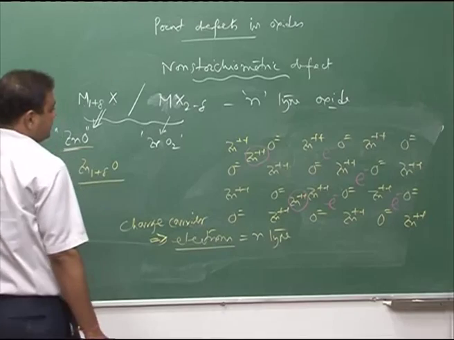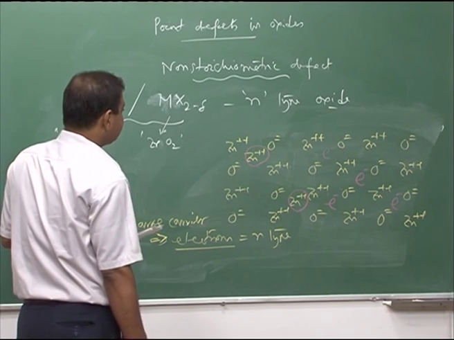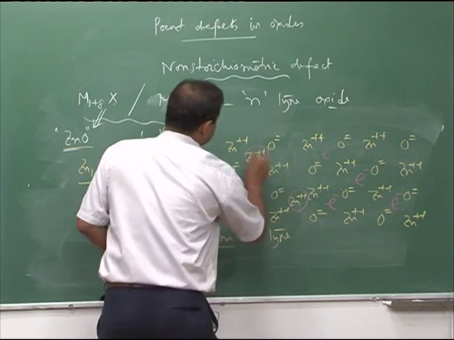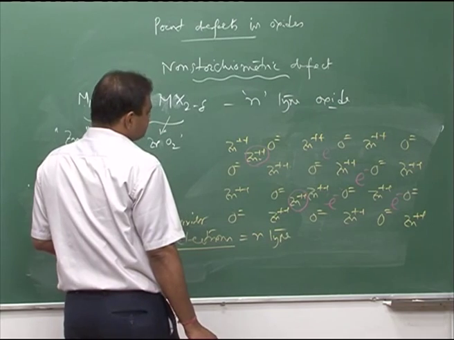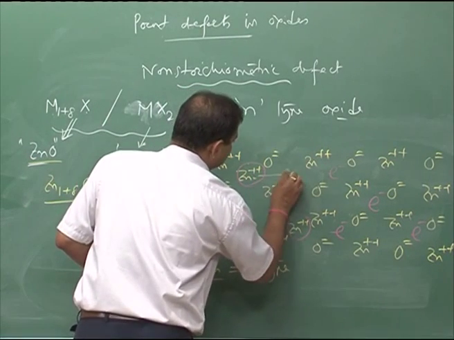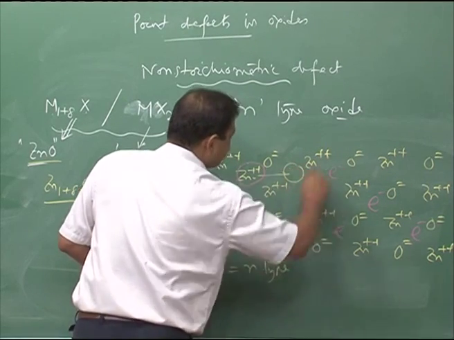And then if we try to find out the diffusing species for the oxidation, here the diffusing species is the interstitial Zn plus plus, which will move from one position to the next.